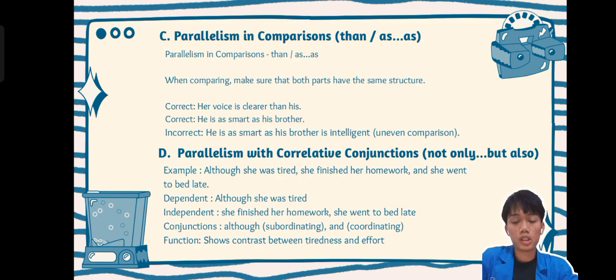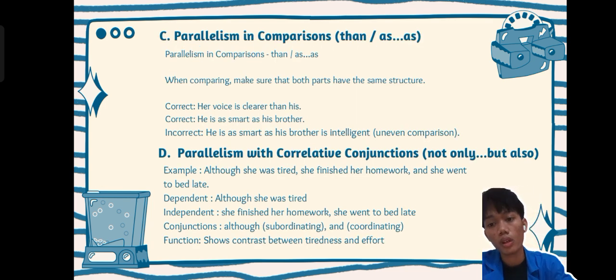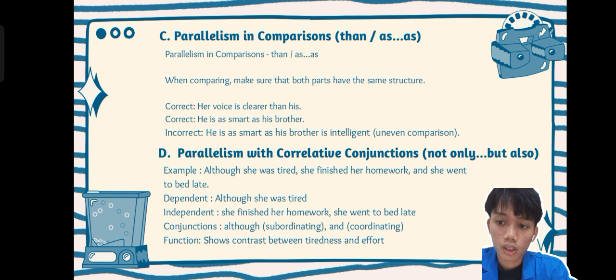Now let's look at parallelism in comparison using than or as. Incorrect sentence: Her voice is clearer than him. Correct sentence: Her voice is clearer than his. Another example. Correct: He is as smart as his brother.